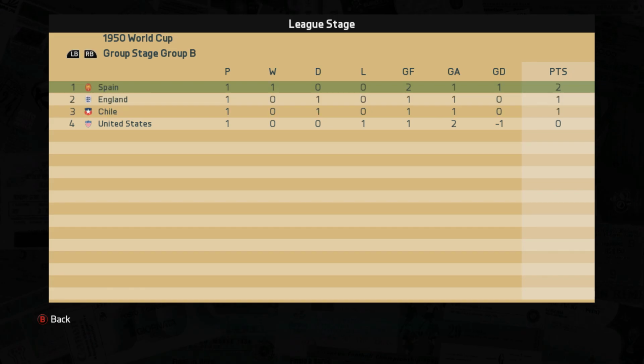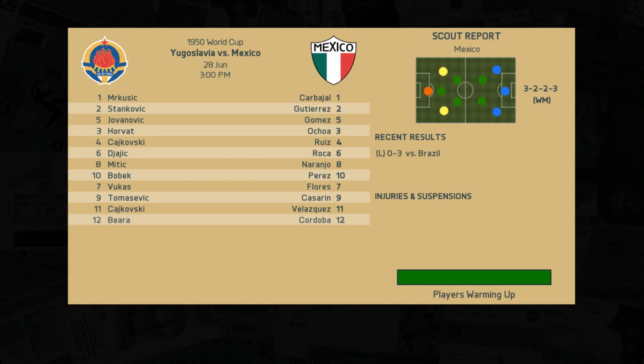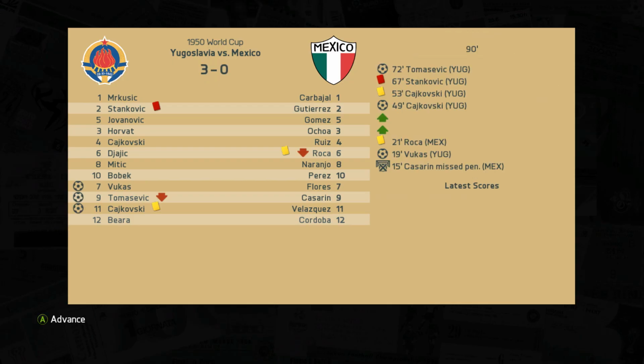Group B, everyone's played 1 match each. Spain topped the group on 2 points, and then England and Chile on 1 point, because they drew. And in Group C, well, Paraguay haven't played yet. Yugoslavia against Mexico. 3-0 to Yugoslavia.